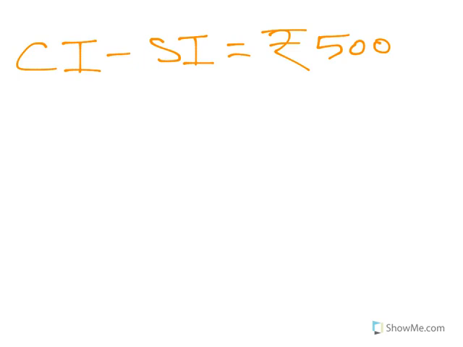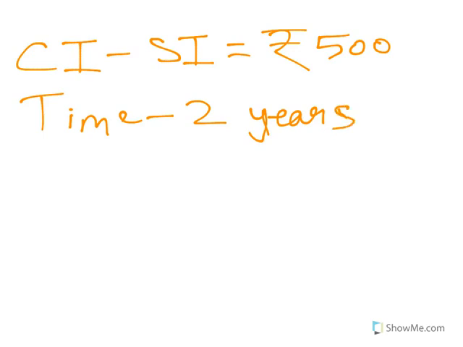So there's a really nice formula you can use if the time is given as 2 years. Okay, so if they say that the time is 2 years, and they say that the compound interest minus simple interest is some amount of money, there's a really nice formula you can use.